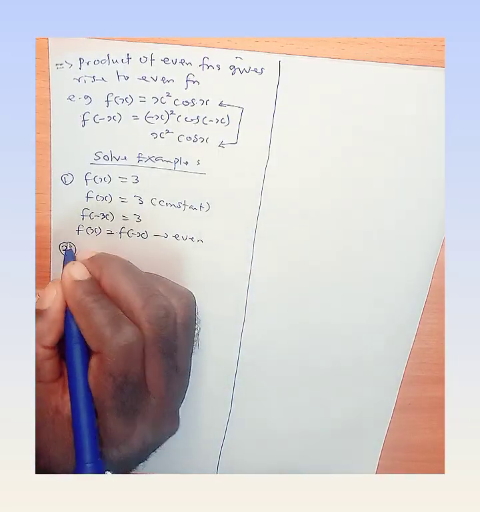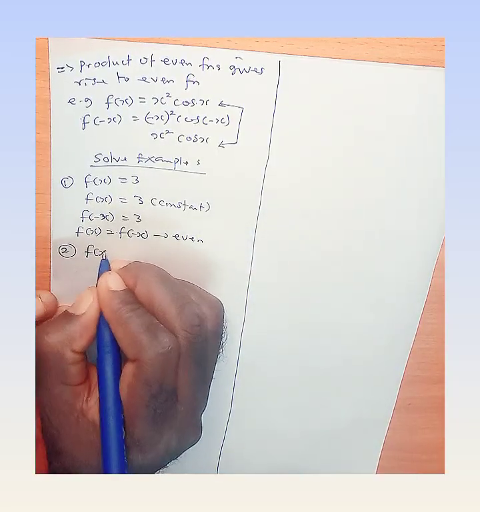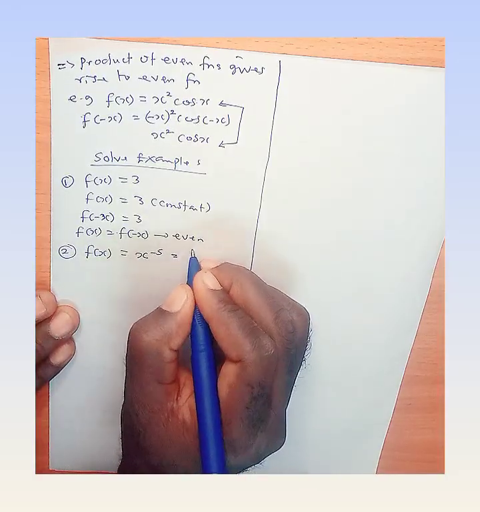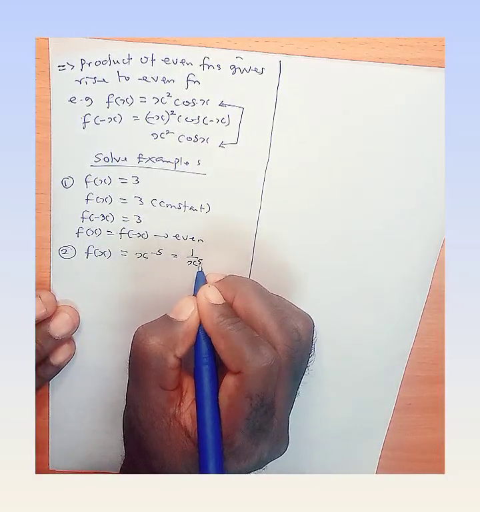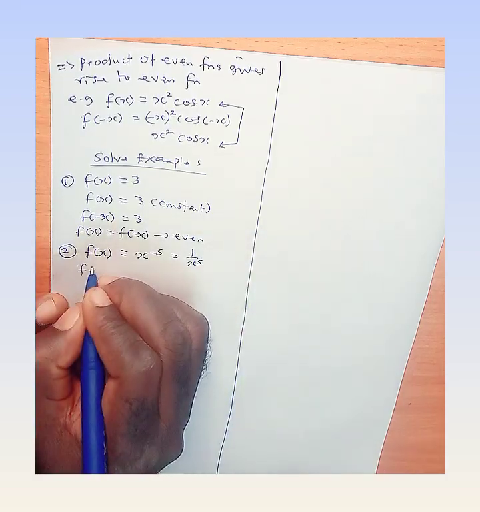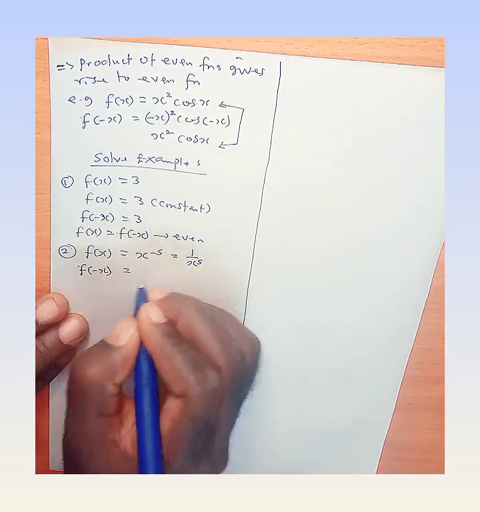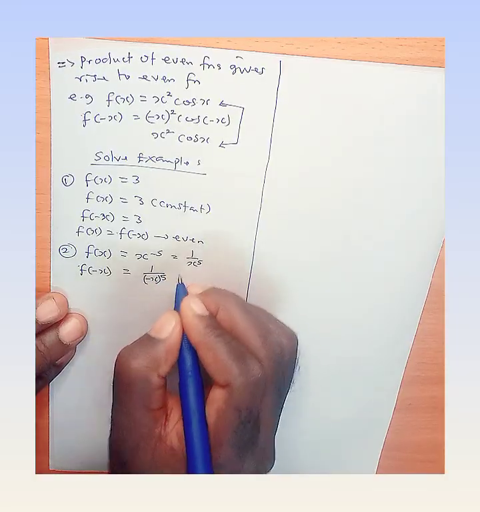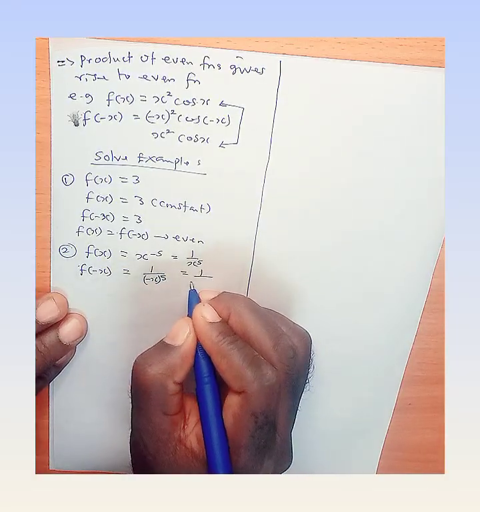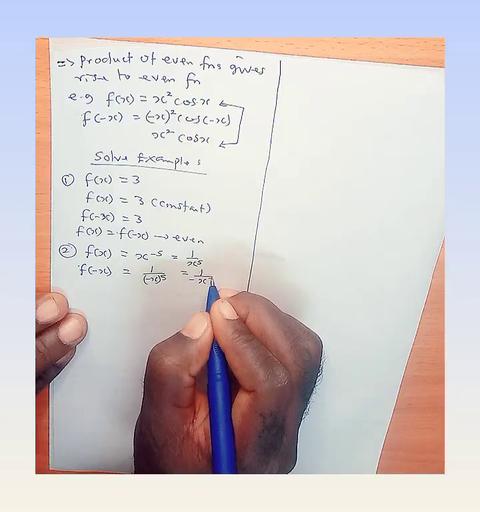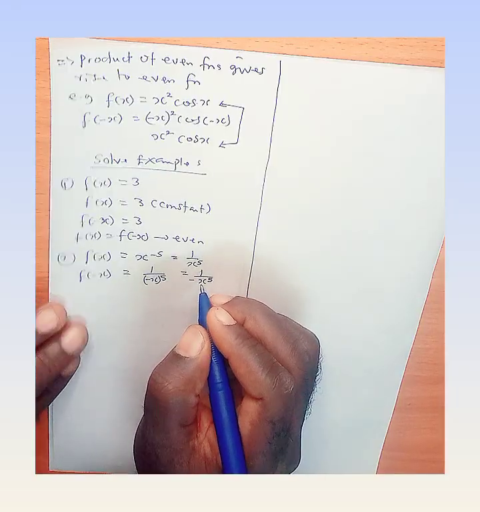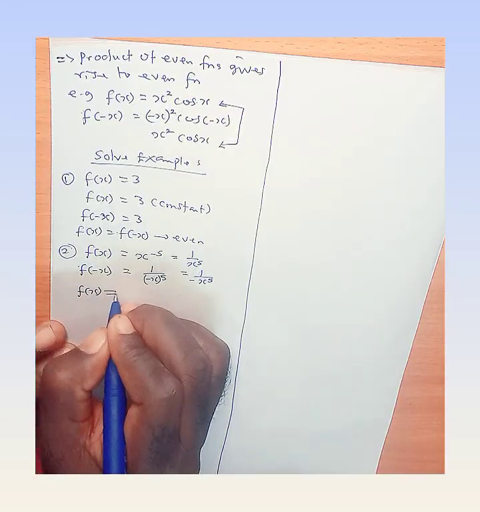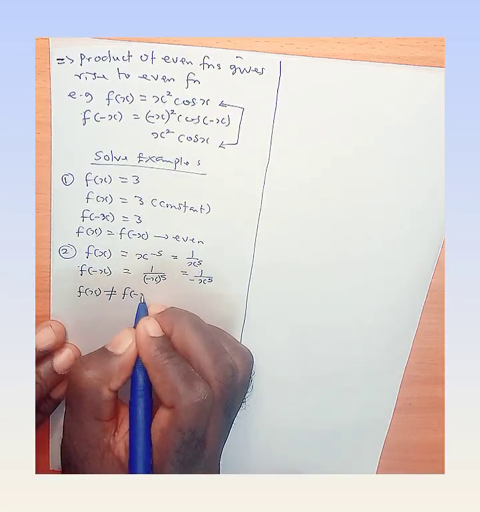Then number two, if you have f of x, which is equal to x raised to power minus 5, which is the same thing as 1 over x raised to power 5, then f of minus x will be equal to 1 over minus x raised to power 5. You discover that f of x is not equal to f of minus x.